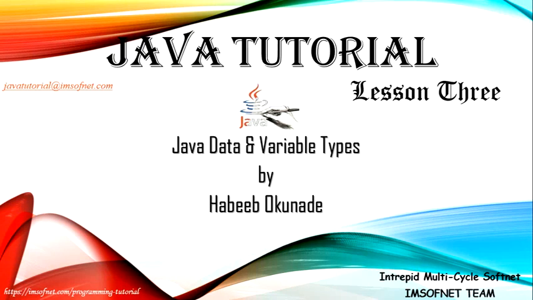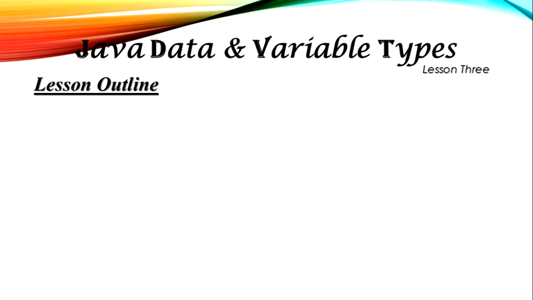Today I will be talking about Java data and variable types. Last week I showed you how to print out in Java, how to create a new class, which is also how to create a new program. But today we're going to be looking at data and variable types.